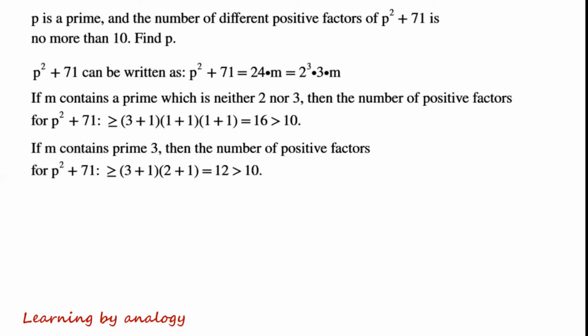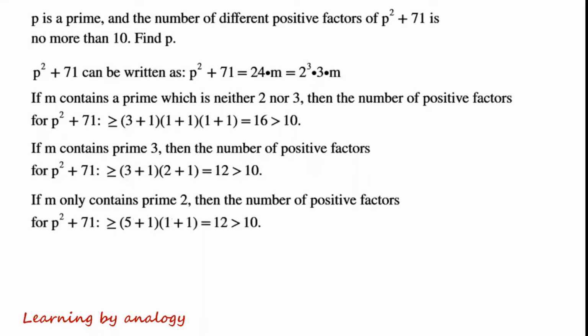If m contains the prime number 3, then the number of positive factors for p squared plus 71 is greater than or equal to 3 plus 1 times 2 plus 1, which is equal to 12, which is greater than 10.